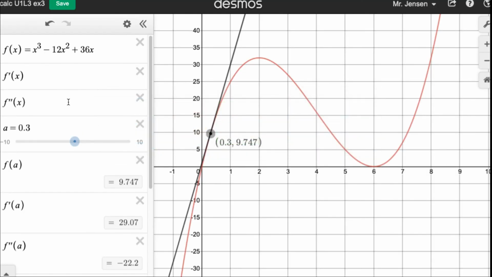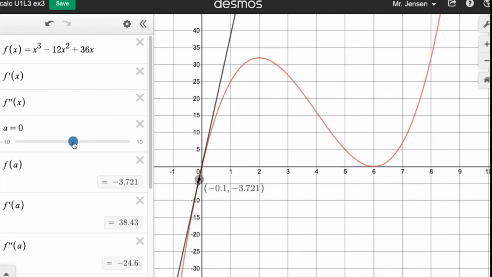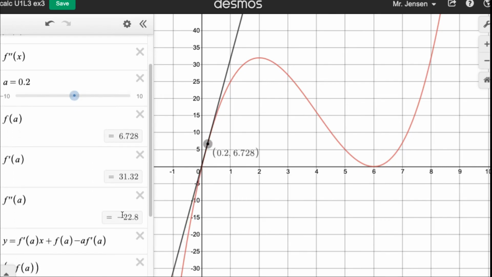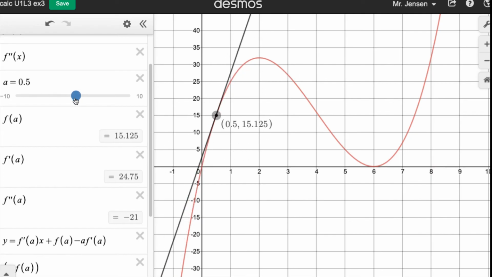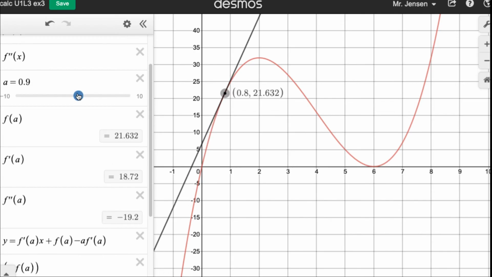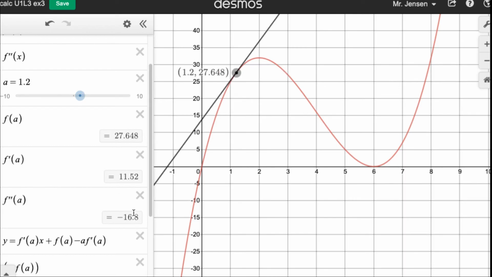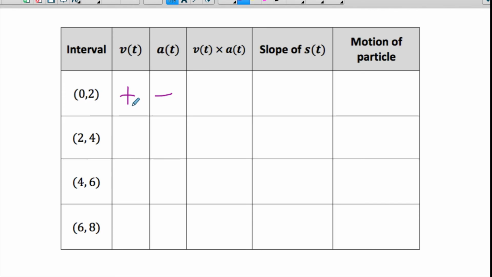Let me go over to Desmos, actually, for this one. So between 0 and 2, look, the second derivative is always negative in that interval. Why is it negative? Well, it's because the first derivative values are decreasing. The first derivative values, pay attention to them, they're decreasing. That's why this number is negative. So the tangent slopes are positive, but decreasing.